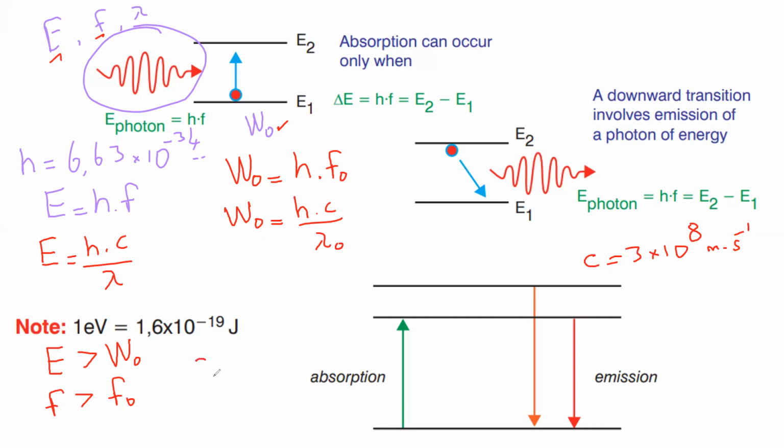And remember, the wavelength of the photon must be shorter than the threshold wavelength.